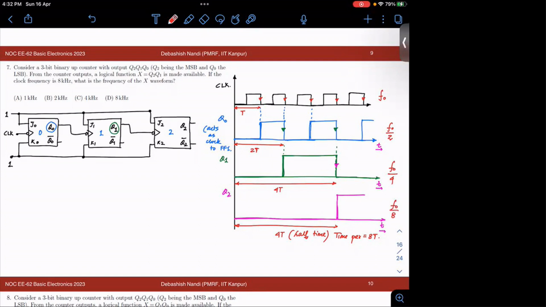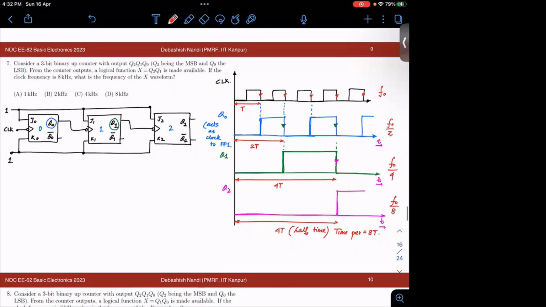Now, what is given? Given is that your clock frequency is 8 kilohertz, fine? Let's say this is F. So this will be F0, this will be F1, this will be F2.